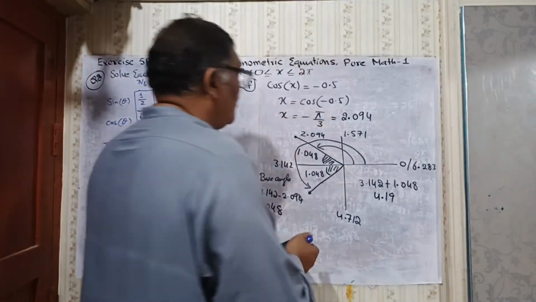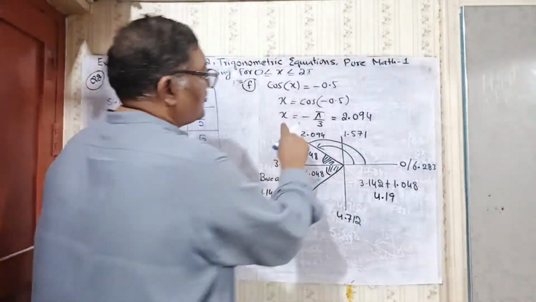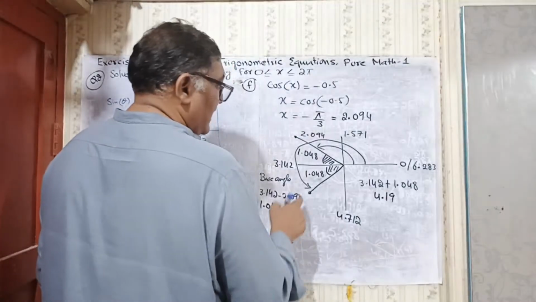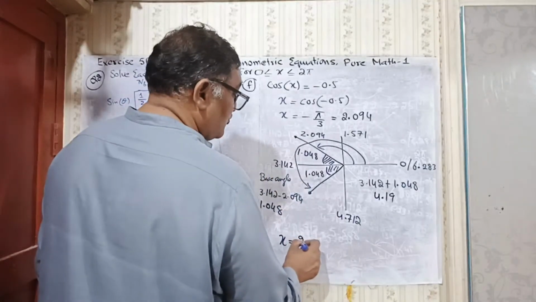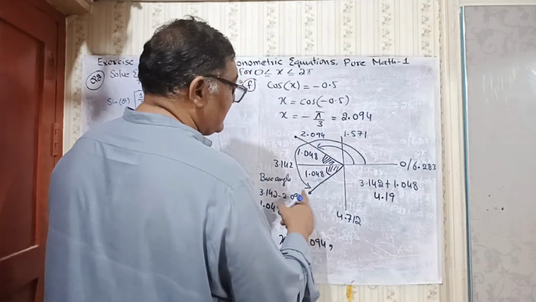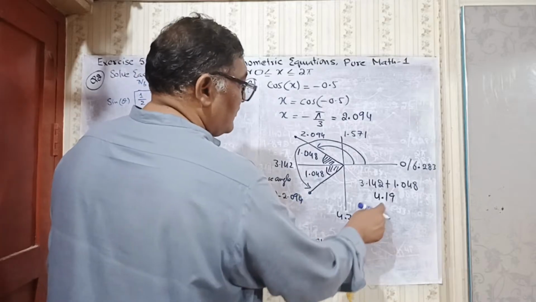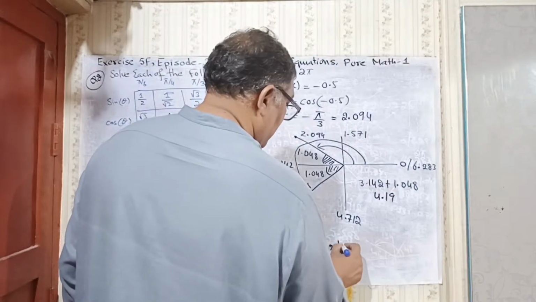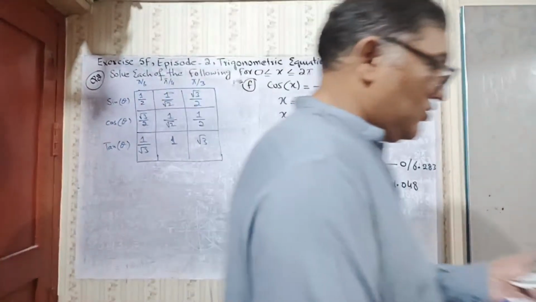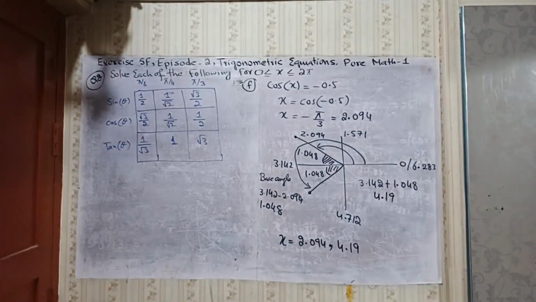Okay, so it means the actual answers for x will be the angle in the second quadrant, which is 2.094, and the angle in the third quadrant, which is 4.19. Okay, so in the book they have given the answer as 2 pi by 3.